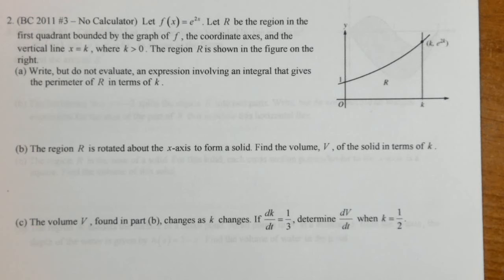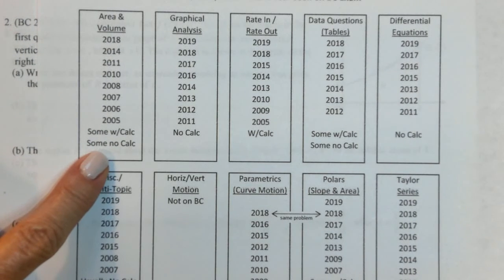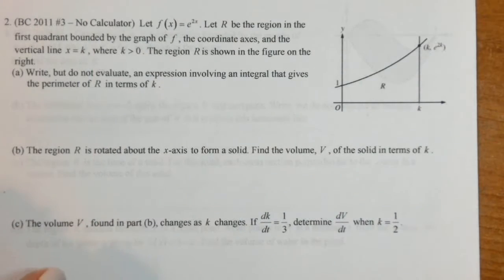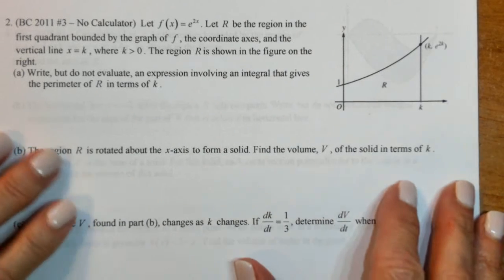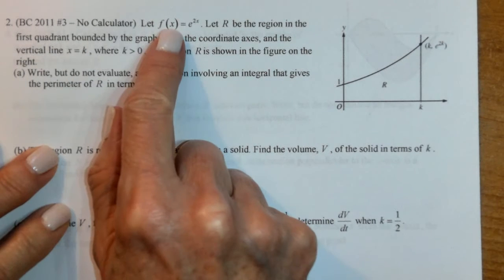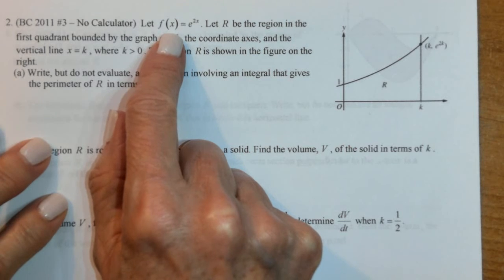Let me remind you, some of these are with a calculator and some are without. Remember, for us, numbers 1 and 2 are with a calculator, and the rest, 3 through 6, are without. So it just varies from year to year. So we're going to do this without a calculator, which means, yes, you're going to have to integrate. So keep that in mind.